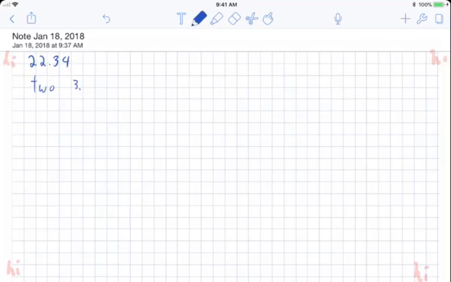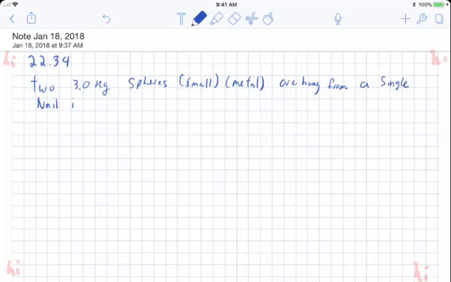Two 3.0 kilogram spheres, small and metal, are hung from a single nail in the ceiling on 2.5 meter long wires.